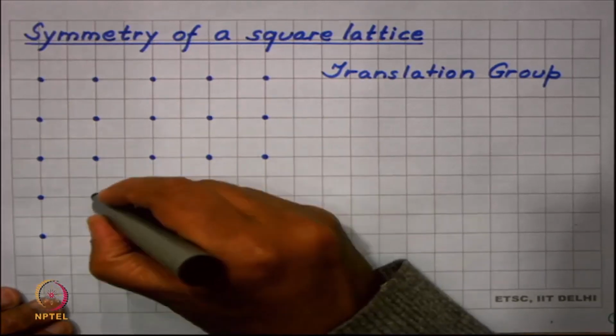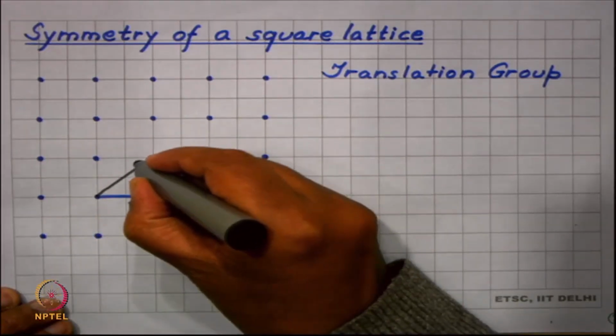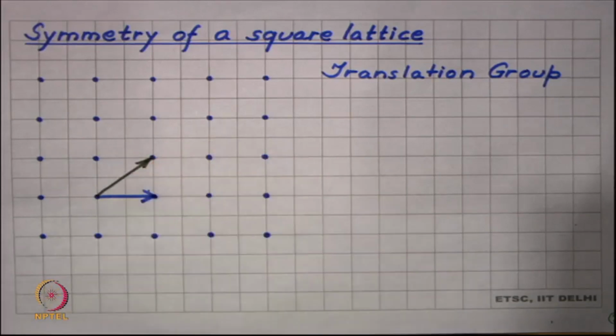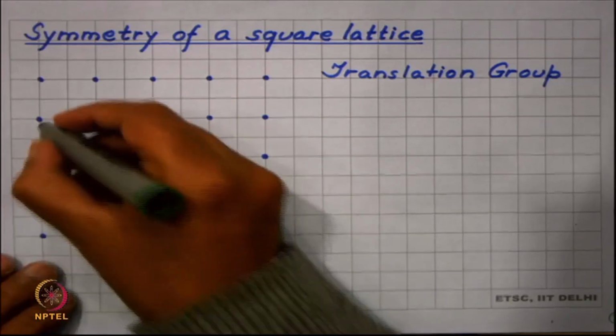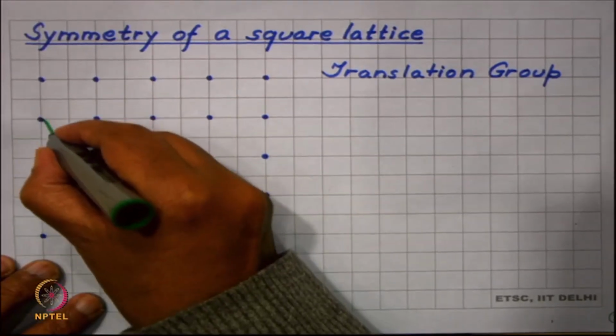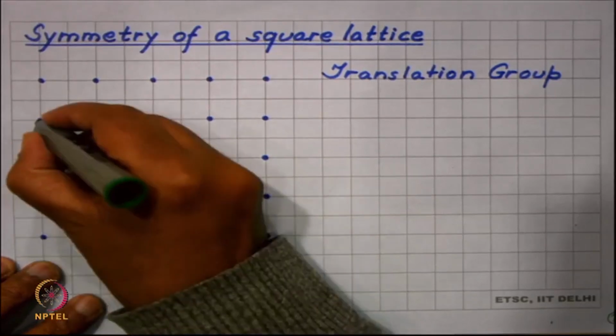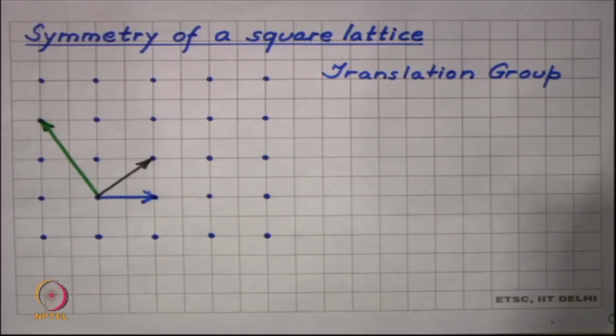Similarly, if I draw this diagonal black arrow, this is also a lattice translation, and if I draw yet another vector from this lattice point to that lattice point, that is also a lattice translation. So, a lattice has several translations.